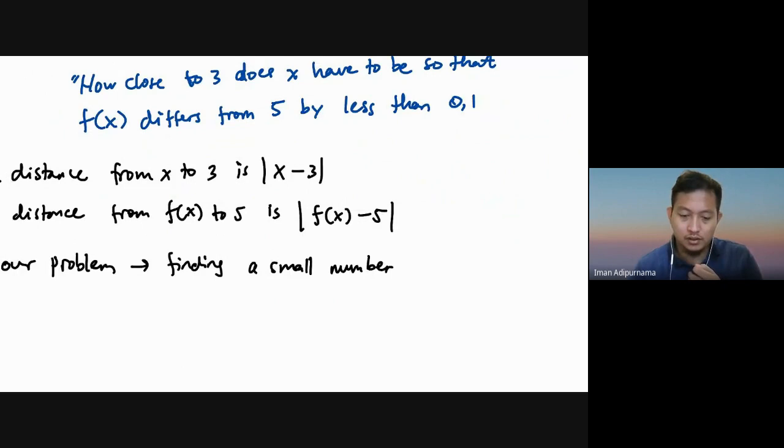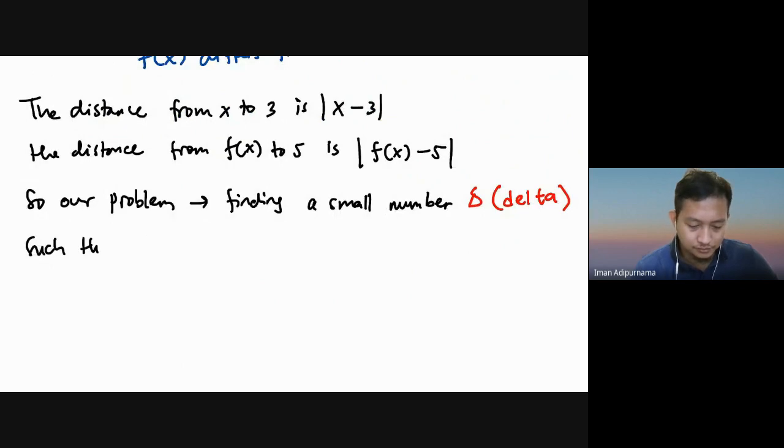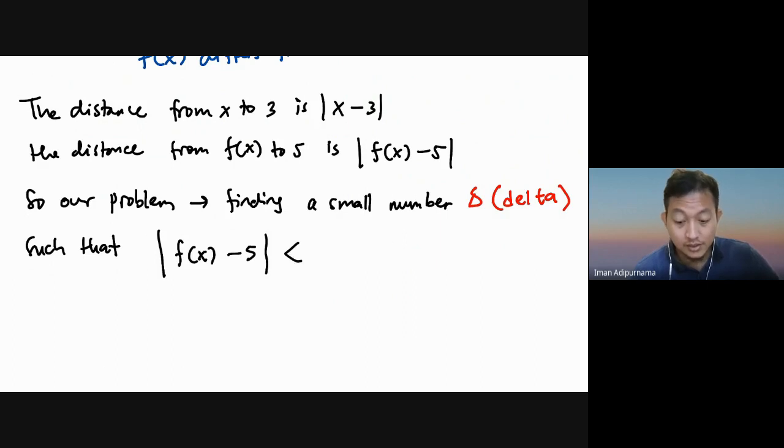Let me write in red color, a delta, such that the distance is less than 0.1. That's the problem asking how close, right? When the distance from the function to the limit value is less than 0.1.